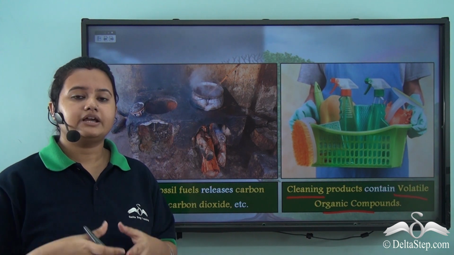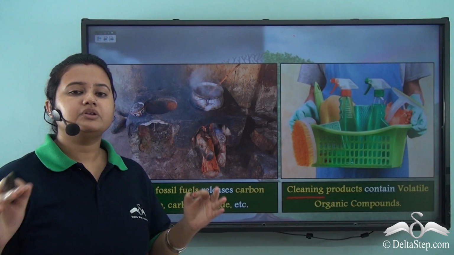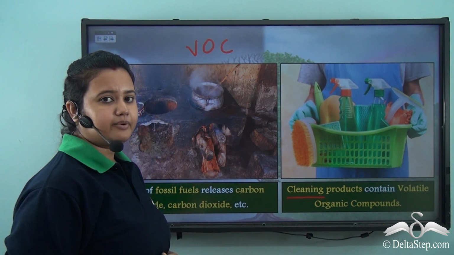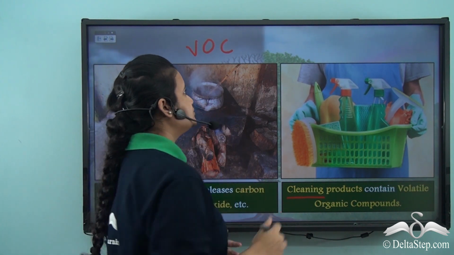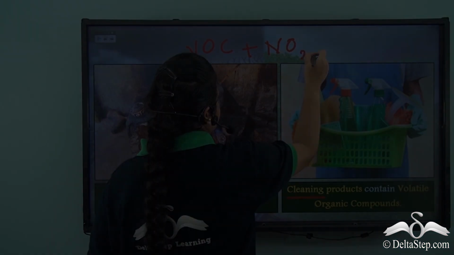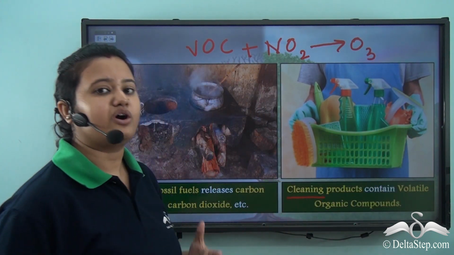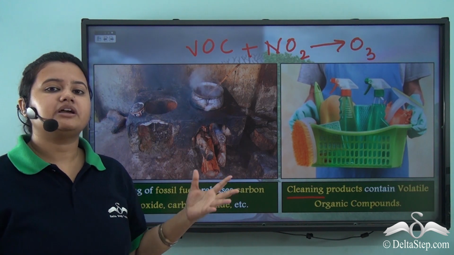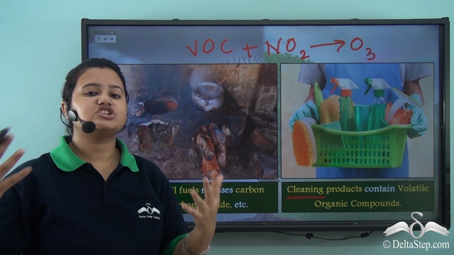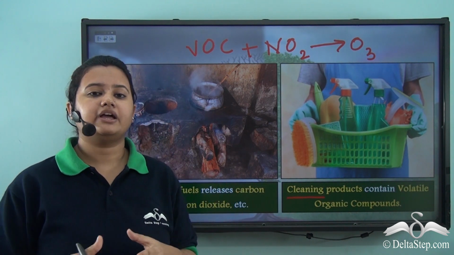Now volatile organic compound is not only a primary pollutant, but this primary air pollutant VOC reacts with another pollutant, that is nitrogen dioxide, and leads to the formation of ozone in the presence of sunlight. That is, a photochemical reaction takes place between VOC and nitrogen oxide, which eventually leads to the formation of ozone, which is another major air pollutant.